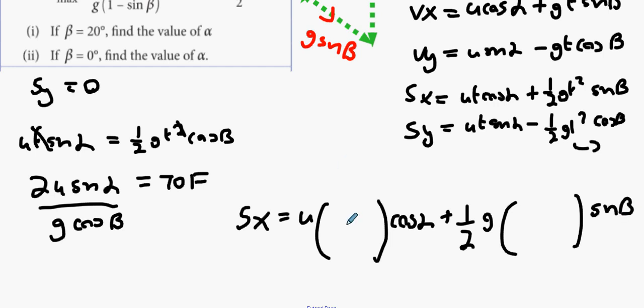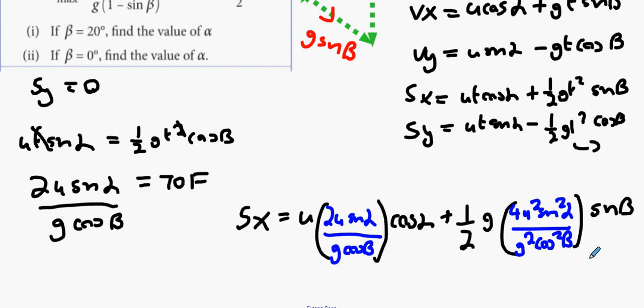So this is 2u sine alpha over g cos beta, and then, see where we're going with this. Square everything and we get 4u squared sine squared alpha all over g squared cos squared beta. Go with that?